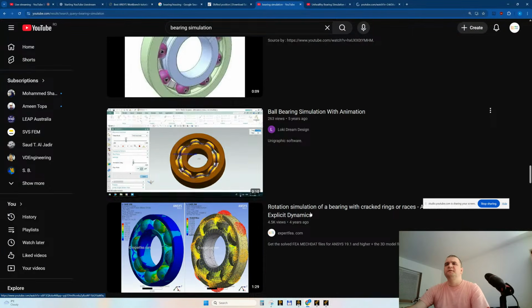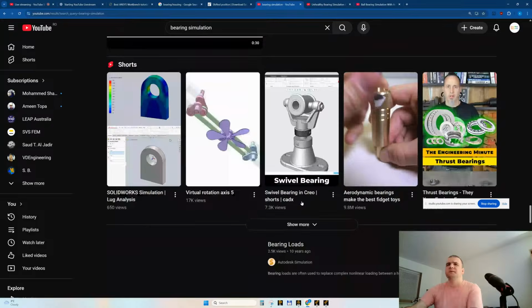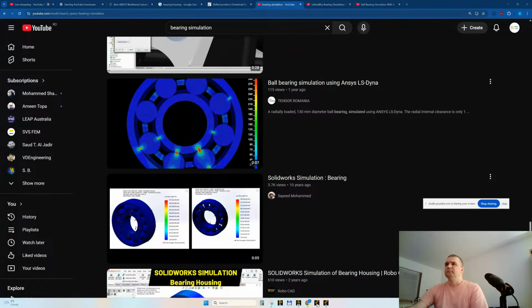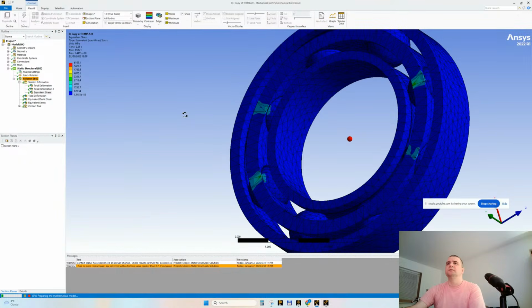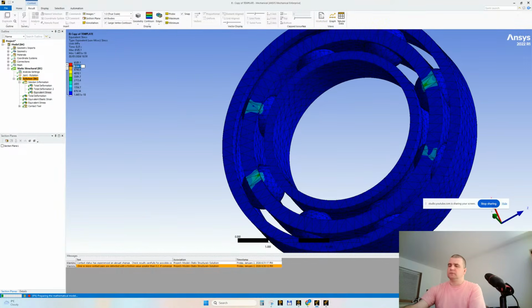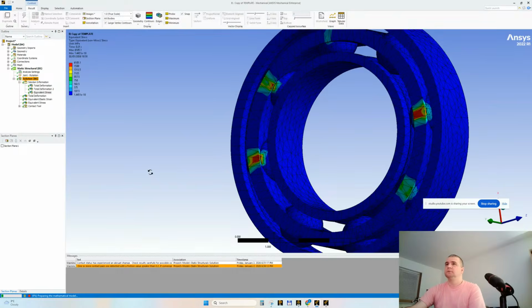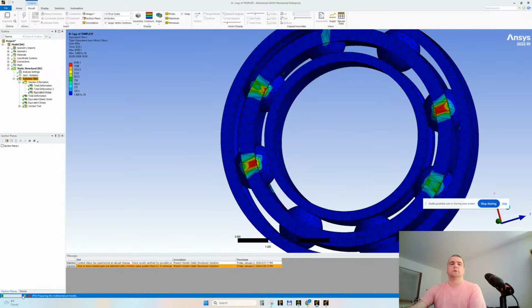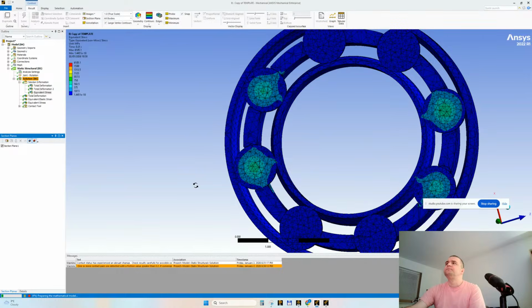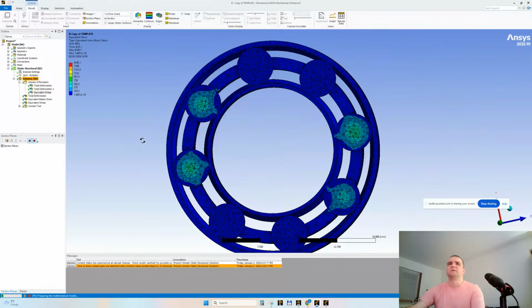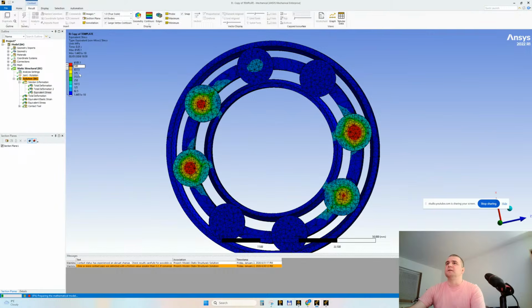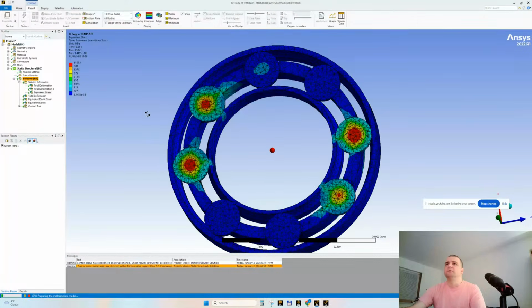What software is this? Something made by Siemens. Where are we here? Let's decrease. Section. It looks kind of awful. I will admit it. It looks kind of awful.